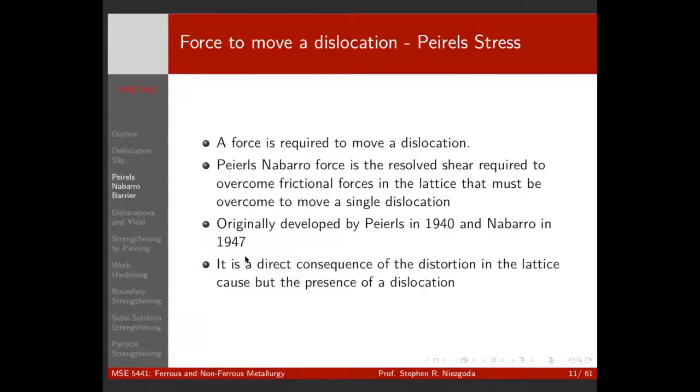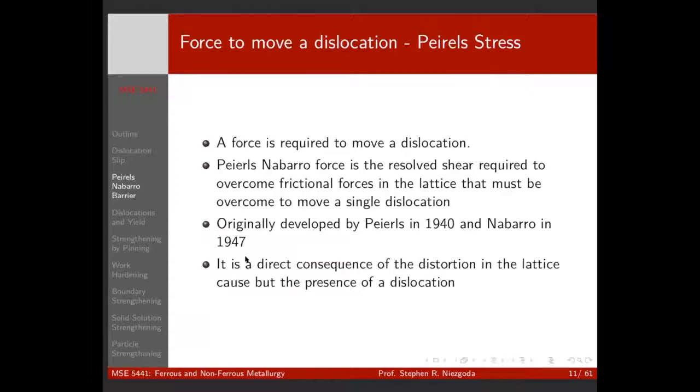Dislocations don't move by themselves, right? We need a force on them to get them to go. And with that, the intrinsic lattice friction, we call that the Peierls-Nabarro force. It was originally developed by Peierls in 1940 and then independently redone by Nabarro in 1947.